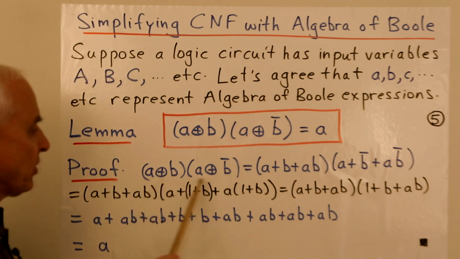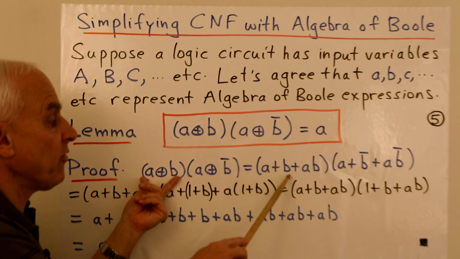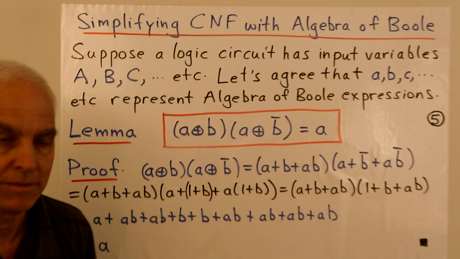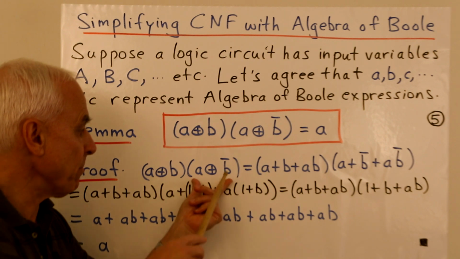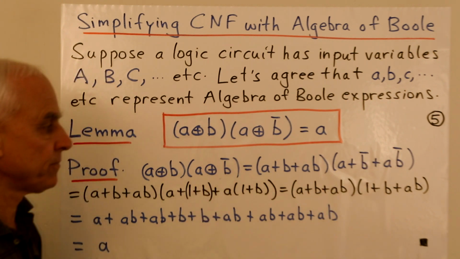Okay, so here is the original expression, and we replace A circle sum B with A plus B plus AB, and we replace A circle sum B bar with A plus B bar plus AB bar.